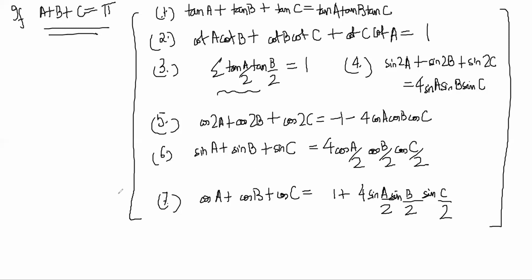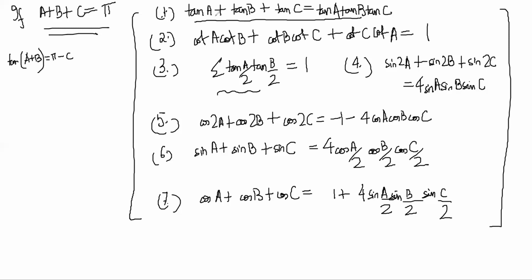Okay, are you guys getting things here? First one is obvious, like we did that. A plus B is pi minus C, and then just take tan on both sides, and you will get it, right? Second one is also obvious because you have gotten the first one. So divide by tan A tan B tan C on both sides.